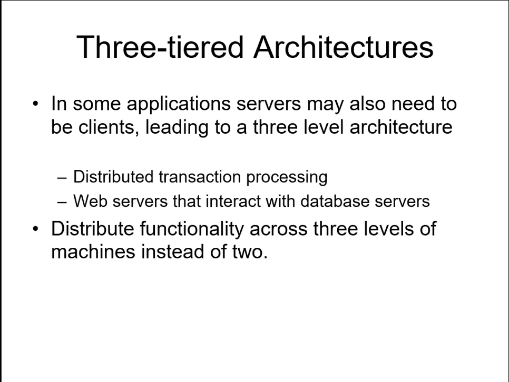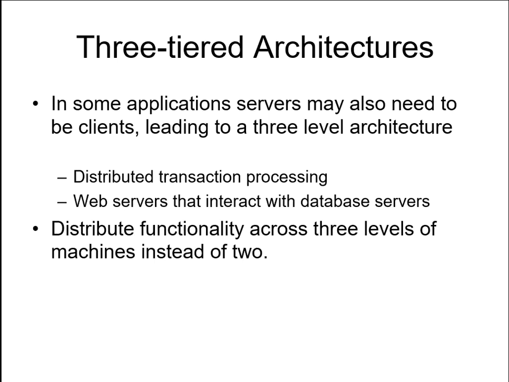Three-tier architecture: in some cases an application server may also need to be a client, leading to a three-level architecture. For example, distributed transaction processing, or web servers that interact with database servers. Web-based systems that are implemented on a tier-based approach are three-tier.